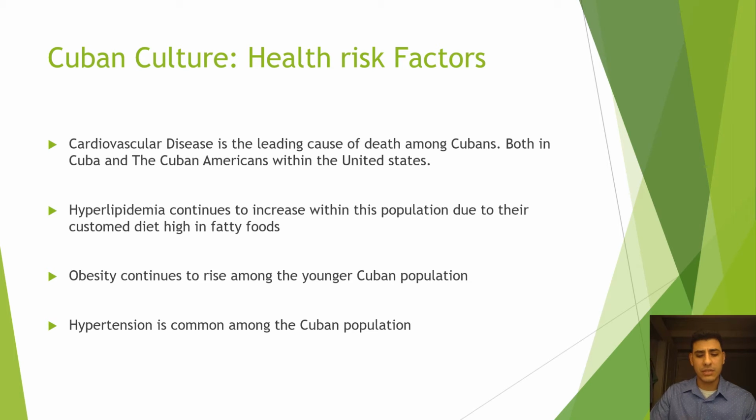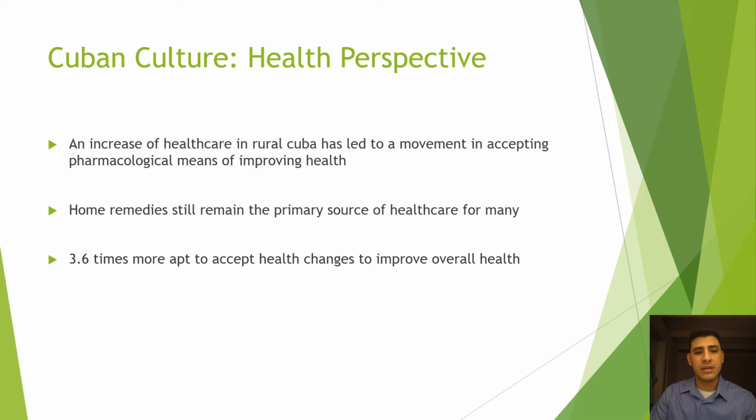Now with hypertension, it has seen a slight decrease among the years, and that is because one interesting fact I found is 3.6 times more apt to accept health changes to improve overall health, and that includes accepting modern medication. With Cuba being more open now, there has been more of a clinic outreach, health outreach to the rural areas, and so pharmacological means of preventative care are available to them, and they are open to it, and so that's good.